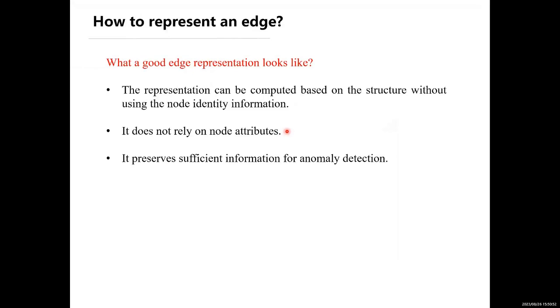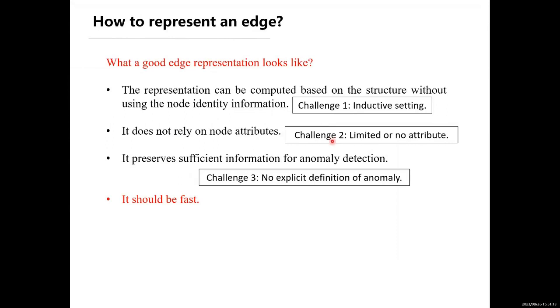And thirdly, it should preserve sufficient information for anomaly detection. And also, it should be fast, because we are processing dynamic bipartite graphs, and we would like the model to have a high throughput. So the first three points correspond to the three challenges respectively.